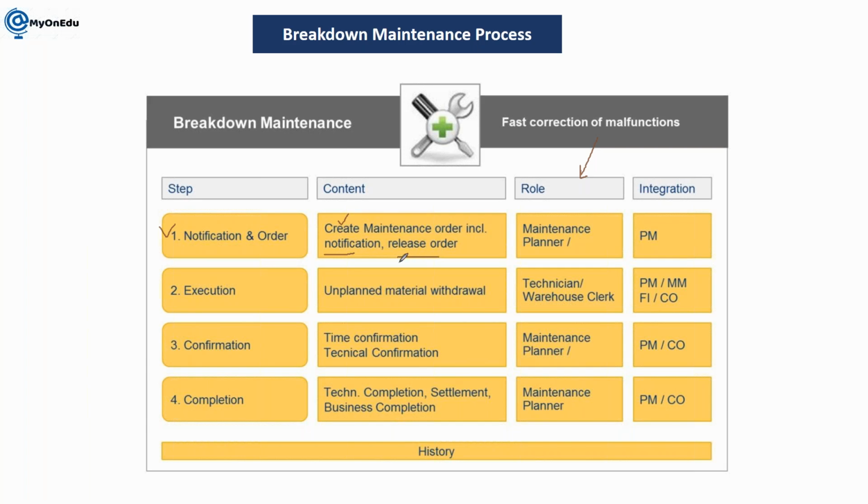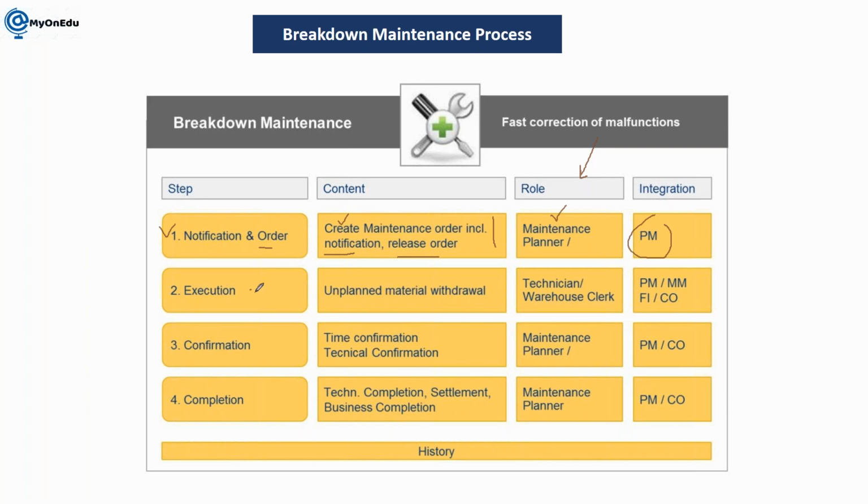Okay, so in this example, we are creating the order directly, and with reference to this order the notification is also getting created. The role is the maintenance planner, and for integration, this activity has to be done in plant maintenance only. So this is the first step where we are creating the notification or order.